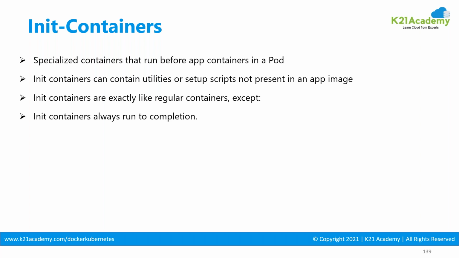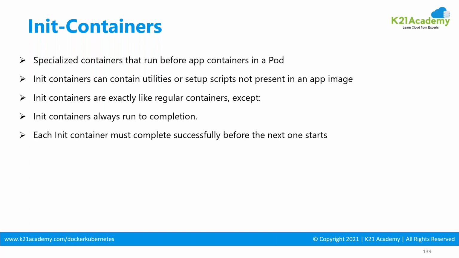When you say it is an init container, that container will get executed and will be marked as completed. Each init container must complete successfully before the next one starts. You can have multiple init containers also. Let's say you have three init containers inside one pod and one business application container. One by one the init containers will get started and completed, and then your main container will get started.